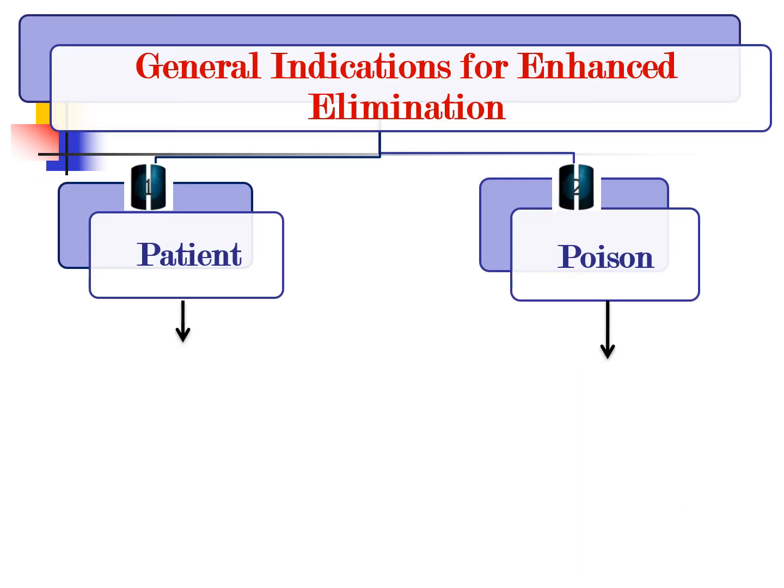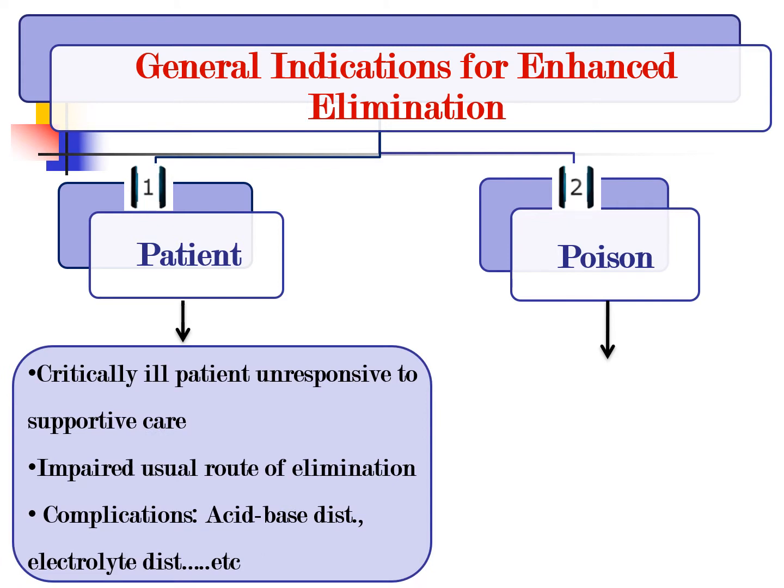Indications for enhanced elimination depend on factors related to the patient and factors related to the poison. The factors related to the patient include a patient who is critically ill, especially if he is unresponsive to supportive care. Also, I need enhanced elimination in a patient with an impaired usual route of elimination.